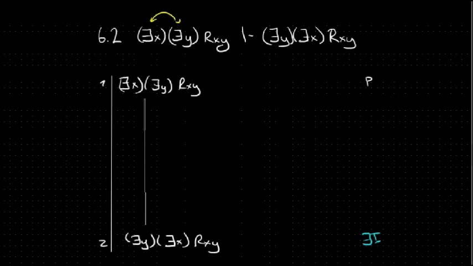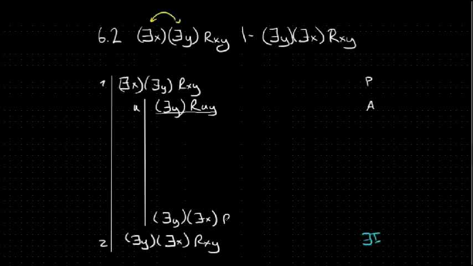Well, the main operator of this is an existential, so that's going to involve going on to a u parameter bar, ey r uy. That's going to be our assumption on there. And that would have to end up with the exact formula that we want, EyEx rxy.